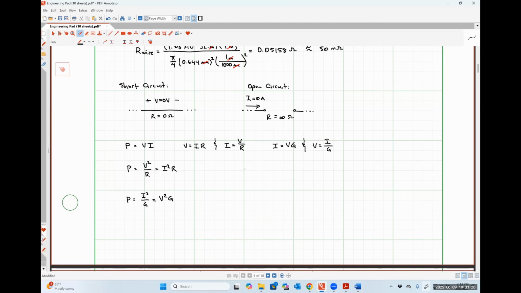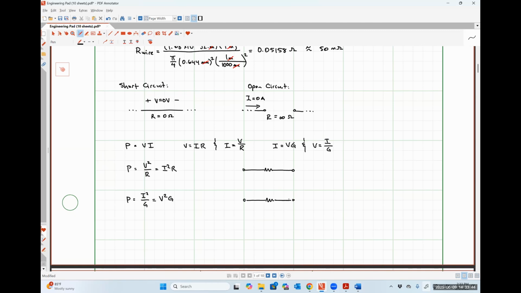Our circuit diagram for resistance is going to look something like this, right? So there is our representation of a resistor that we might see on a schematic diagram. This is the representation of a conductance that we might see.